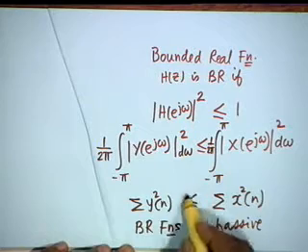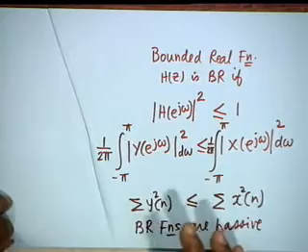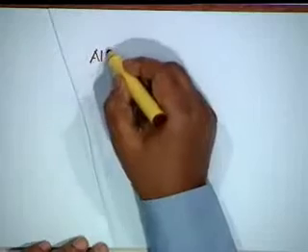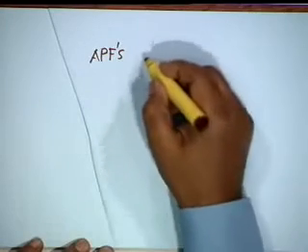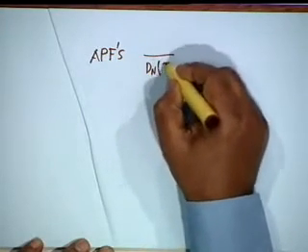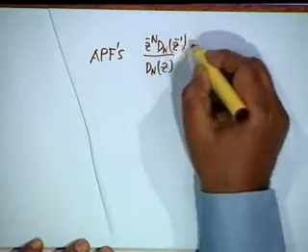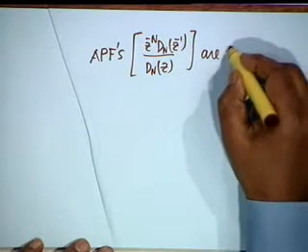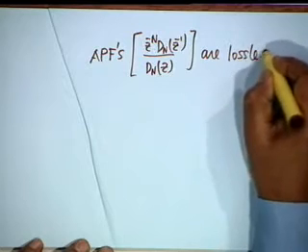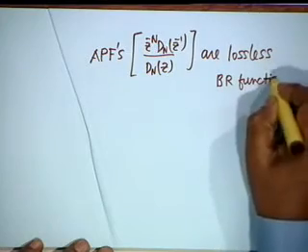Now, if the inequality is satisfied with equality sign, then we say the system is lossless, and therefore we make this statement that APFs as designed by us, that is of the form D_N(z) z^-N D_N(z^-1) are lossless bounded real functions.